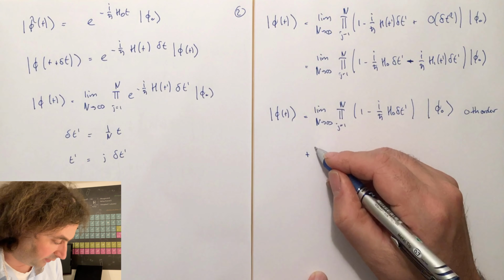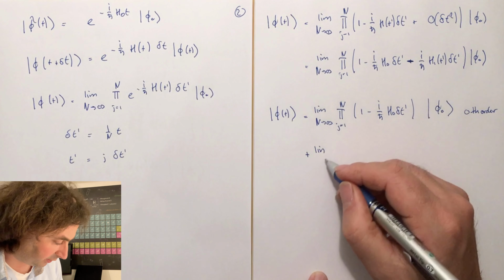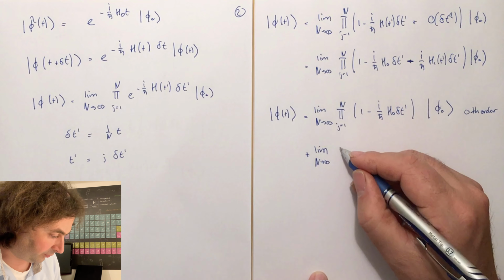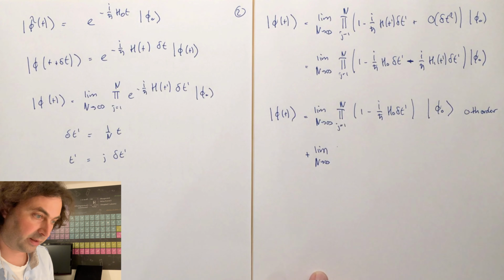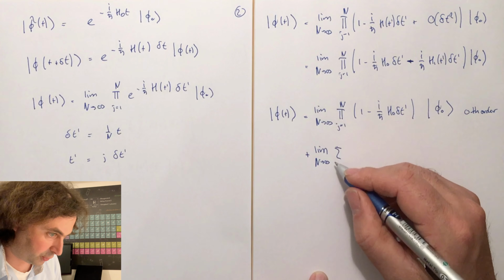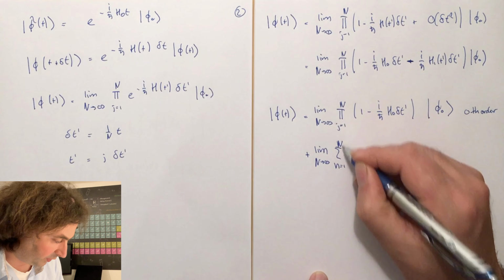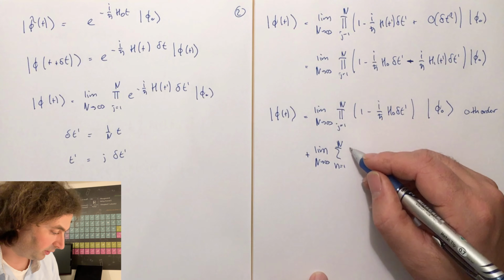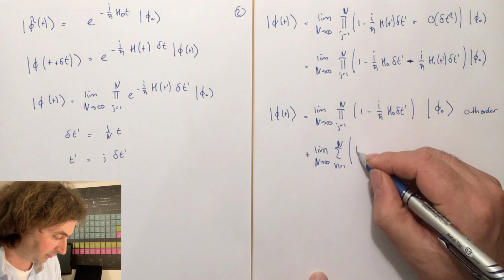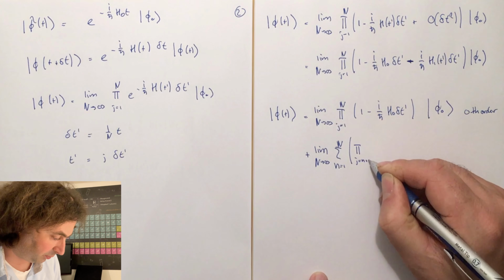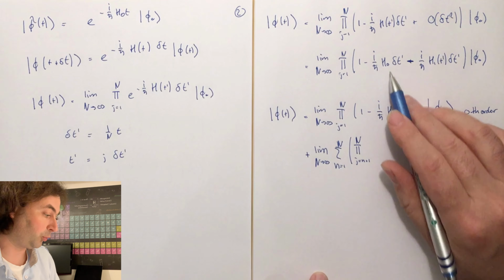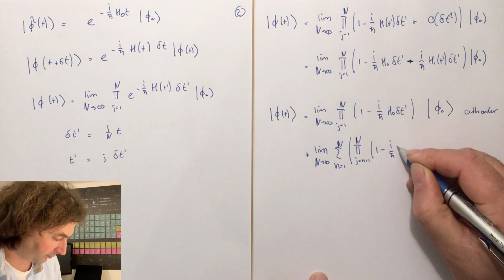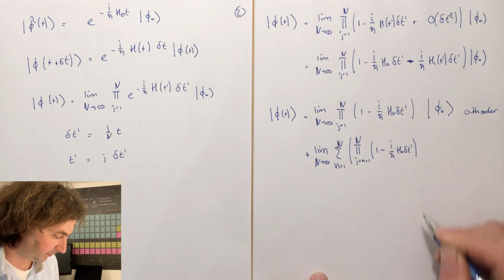We can now look at the linear order in H1. Again, we have a limit of n to infinity. H1 can act at different times, so we have to sum, n is 1 to n, because for each of them we have a possibility to act with H1 one time. And then we have a product, j is n plus 1 to n, which is the propagation with H0 after you interacted with H1.